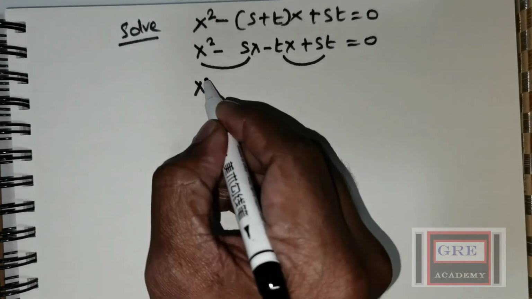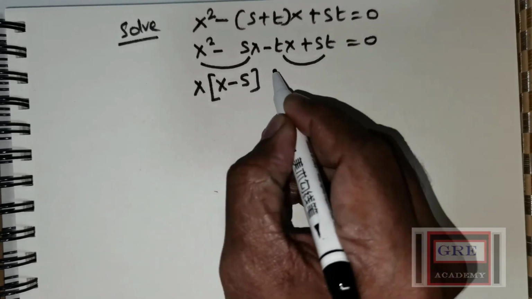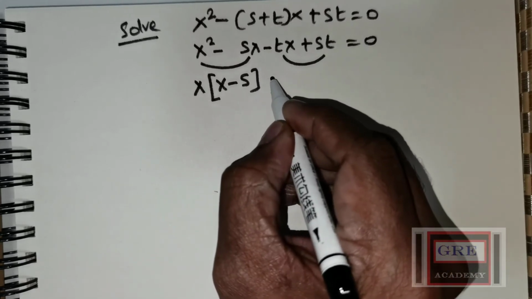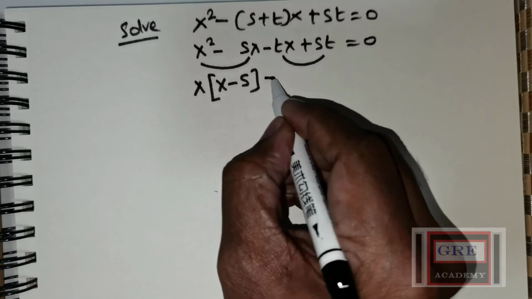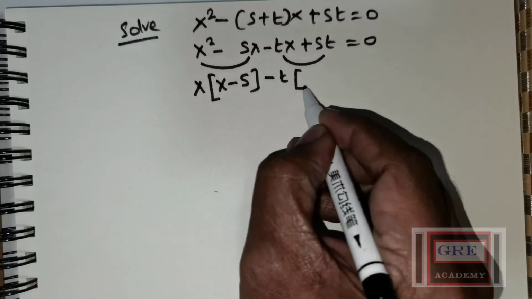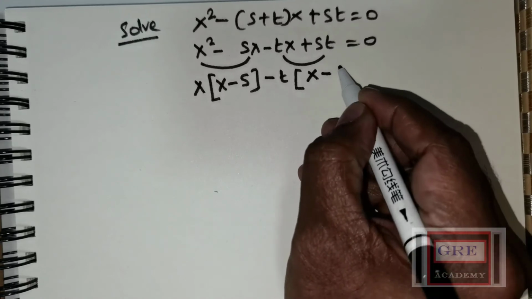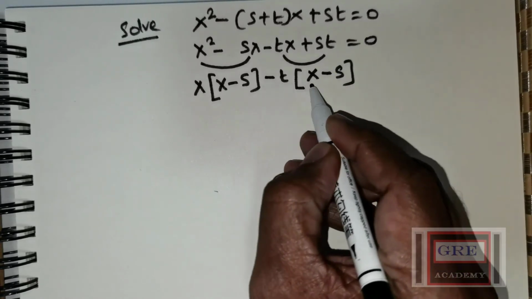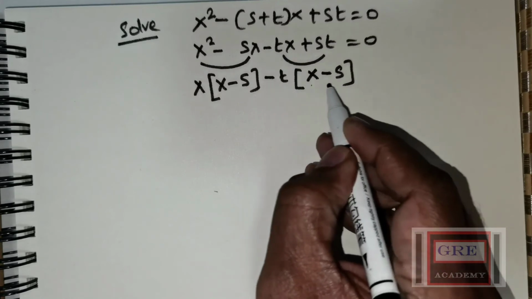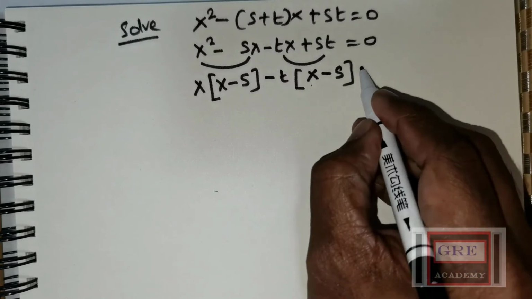By clubbing these two together, I can take x out and rewrite this as x minus s. From here, I can take negative t out. If I were to take negative t out, I would get x minus s. Negative t times x would give me negative tx. Negative t times negative s would give me positive st. So this is equal to 0.